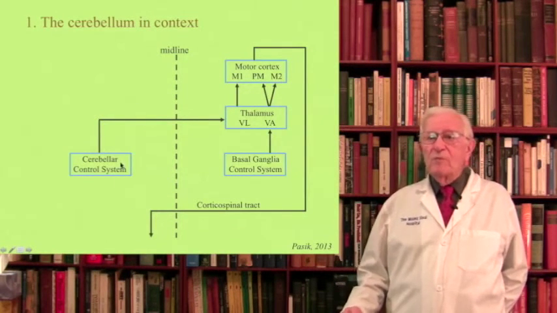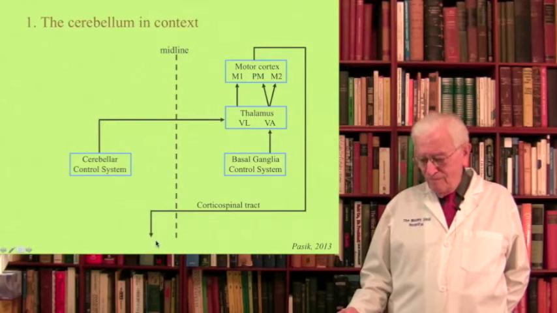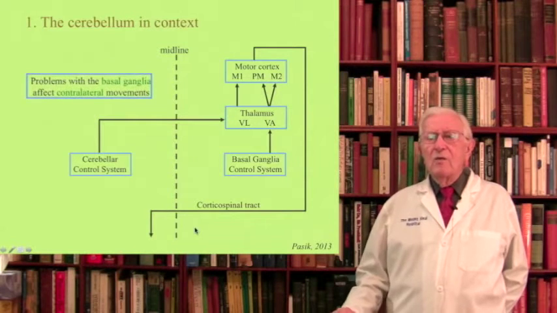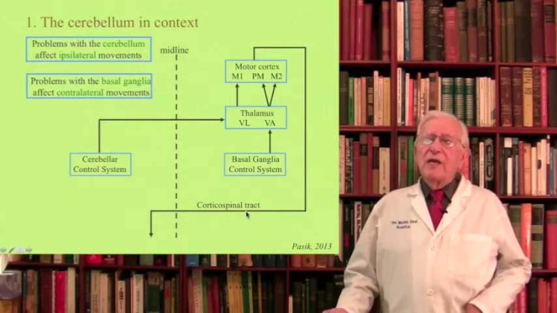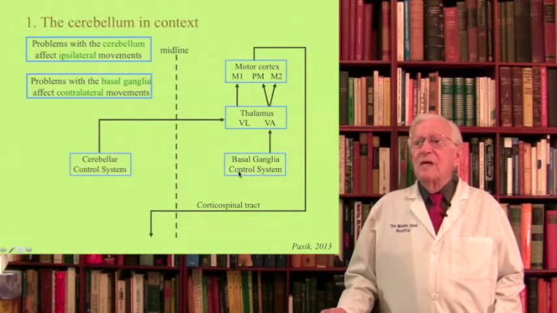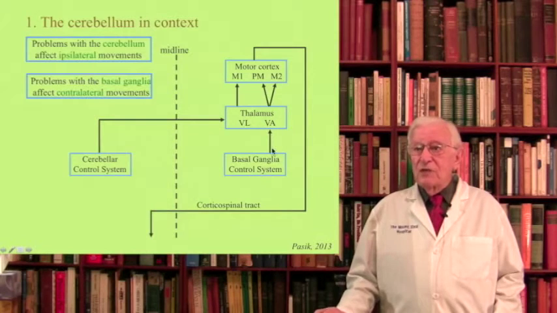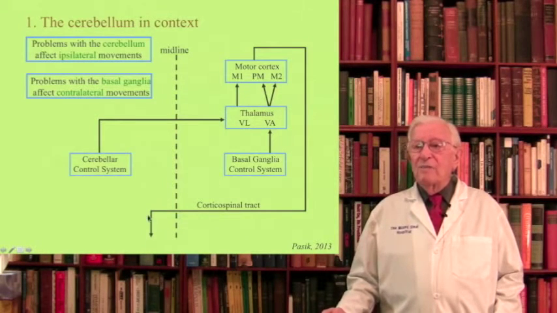That means that problems with the cerebellum will result in problems with the ipsilateral muscles. All right. On the other hand, problems with the basal ganglia system, as we may eventually discuss, influence, again through the motor cortex, the contralateral muscles.